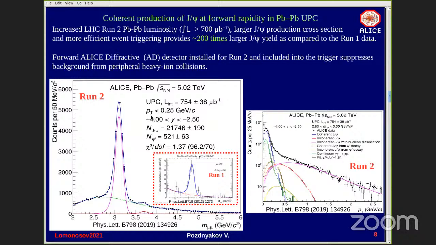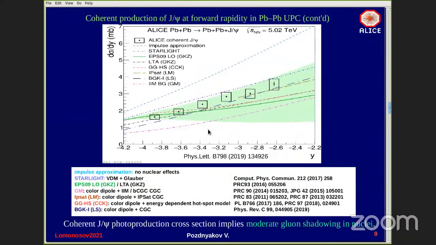And the condition for coherent is pT must be below 250 MeV, because, as I already told, for coherent production we see small pT, actually 30 or 40 MeV, and it's a range of the rapidity and other things.